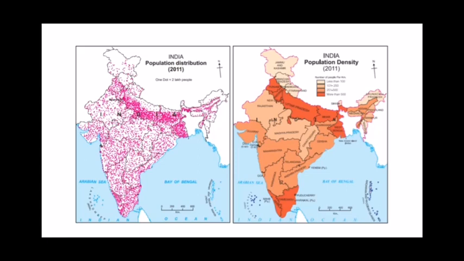So due to fertile land, plain land and availability of water, human settlements have been established in these parts for many centuries. Due to farming, industries and trade, the population got concentrated in a few places.